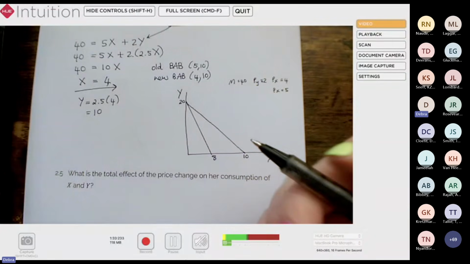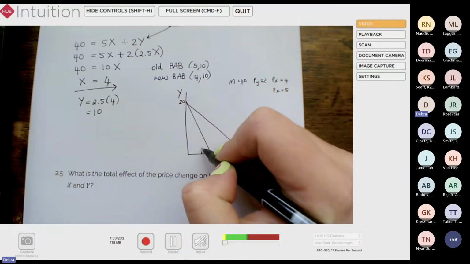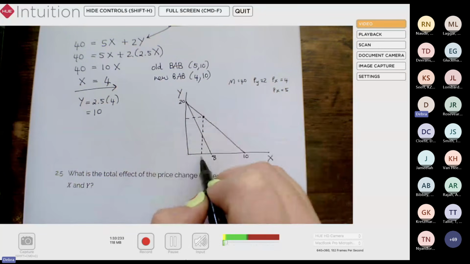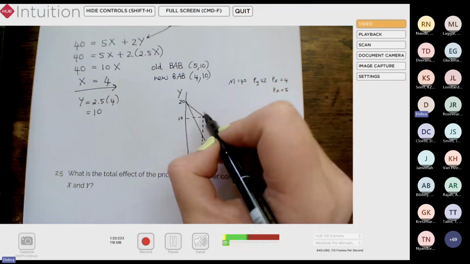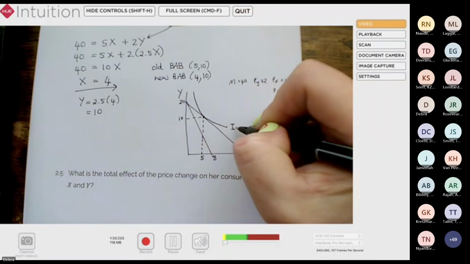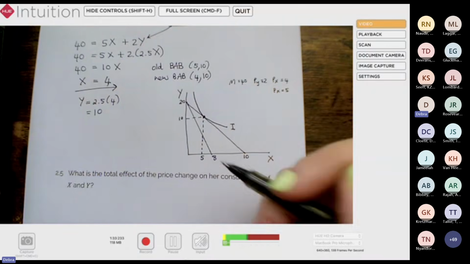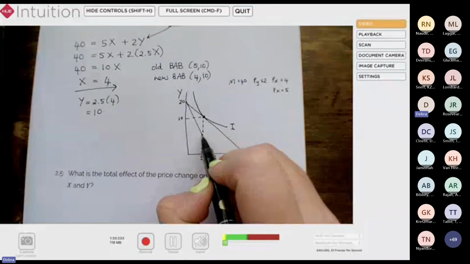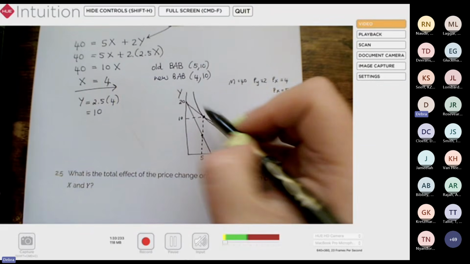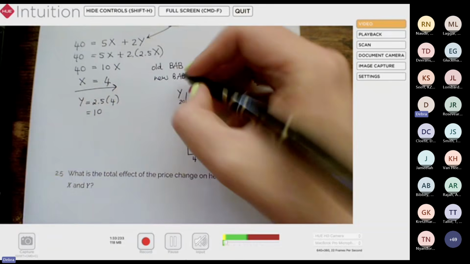And now what I found is that after this price change, originally my X was 5 and my Y was 10. So this was my initial best affordable bundle. And now with the new price, I'm going to end up over here because I'm going to end up with 4x and I still have the same amount of Y, 10.